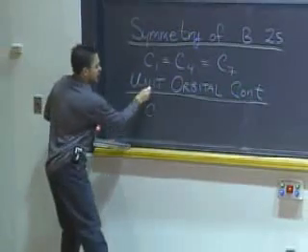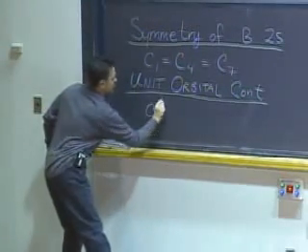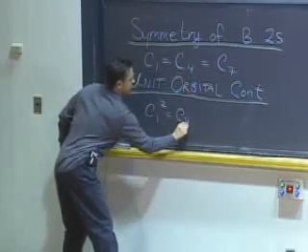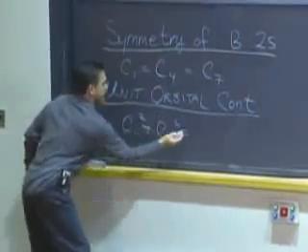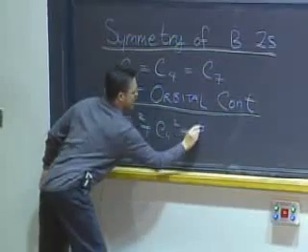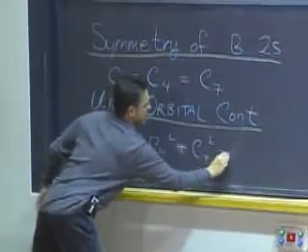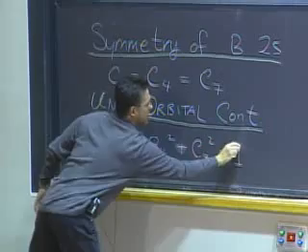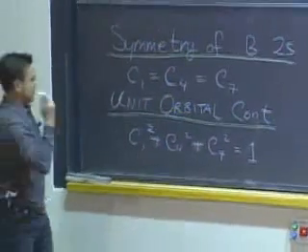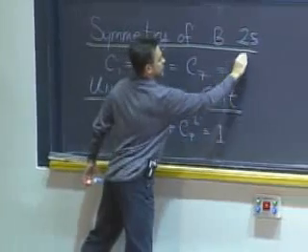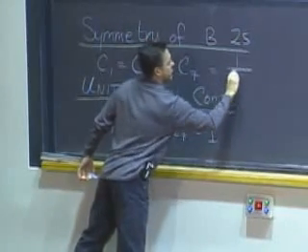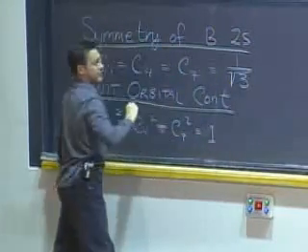So here, for unit orbital, we're going to say that C1 squared plus C4 squared plus C7 squared is equal to 1, and therefore C1 is equal to C4 is equal to C7 is equal to 1 over root 3.